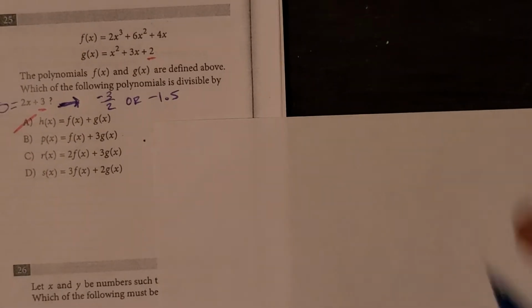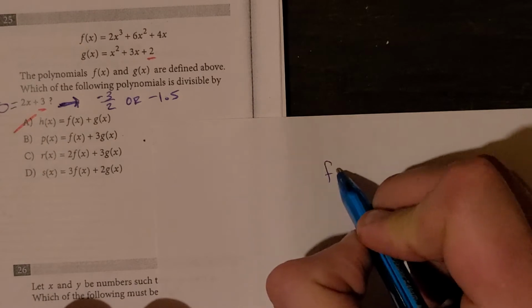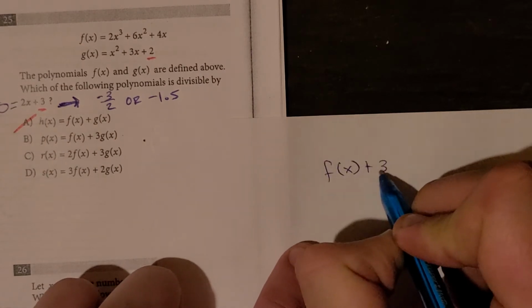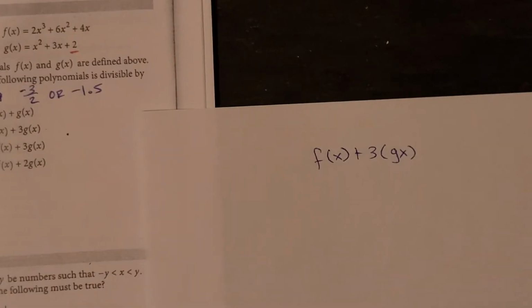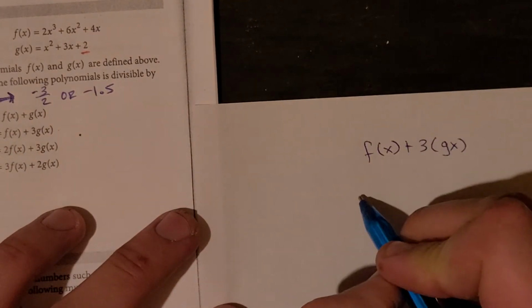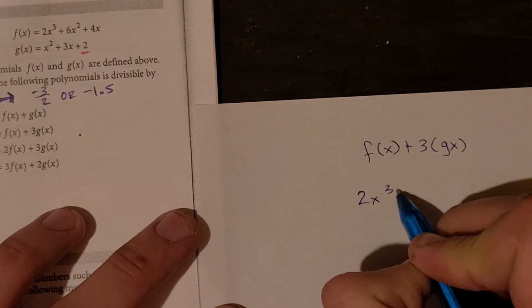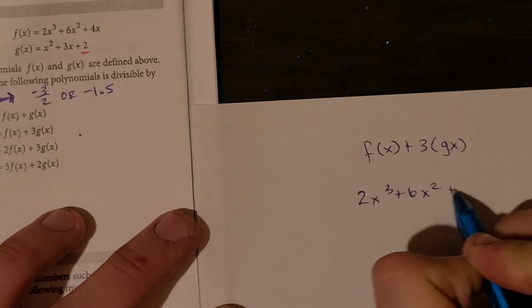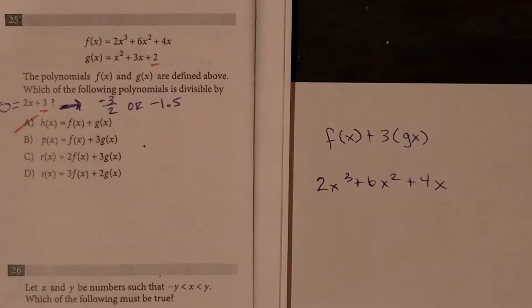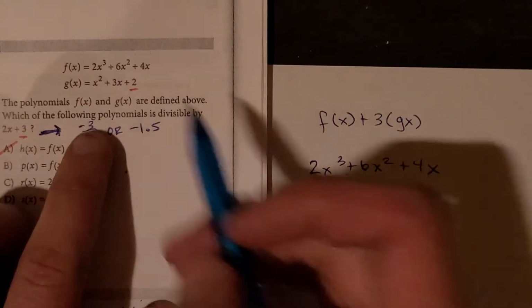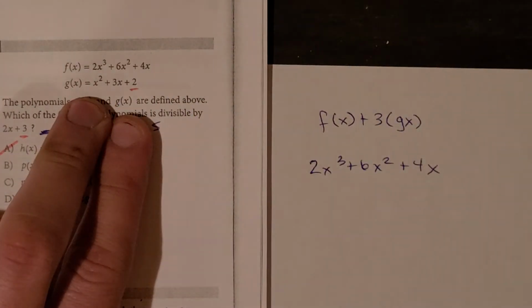B says if I take f of x plus 3g of x. Okay. All right, so f of x is 2x cubed plus 6x squared plus 4x. Now I'm going to take 3g of x, meaning I'm going to take g of x and multiply everything by 3.